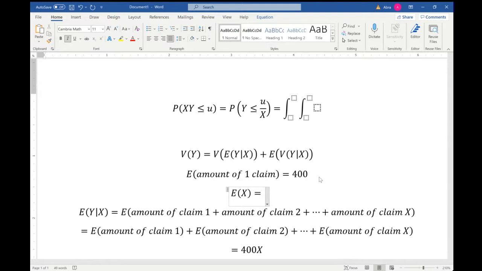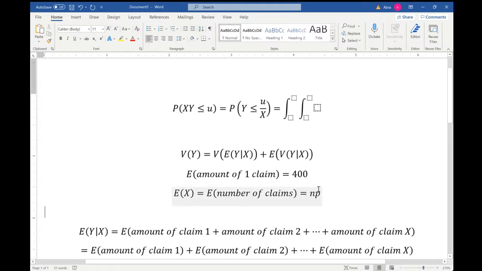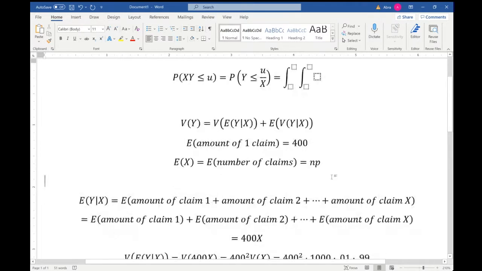You certainly could say that's like Y sub 1, Y sub 2, Y sub 3, or something like that. Right. Okay. And then we find the expected value of X, which is 1,000 times 0.1.